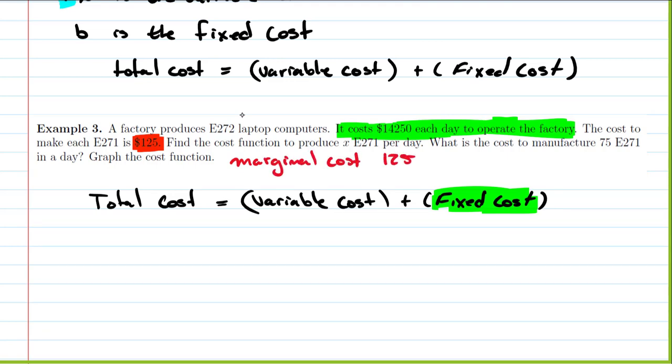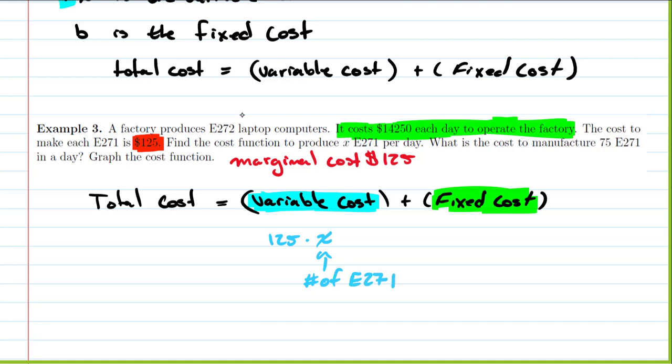Is $125, so then the variable cost is going to be 125 times x. So 125 is the slope of our line times x, where x is the number of E271s.